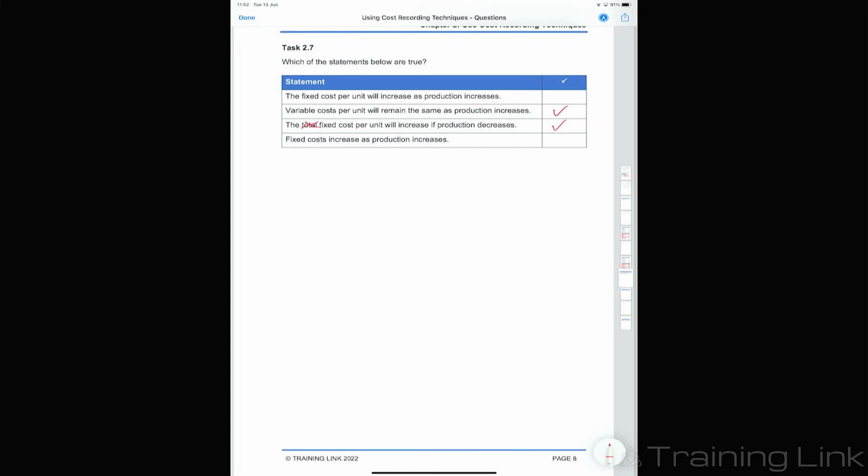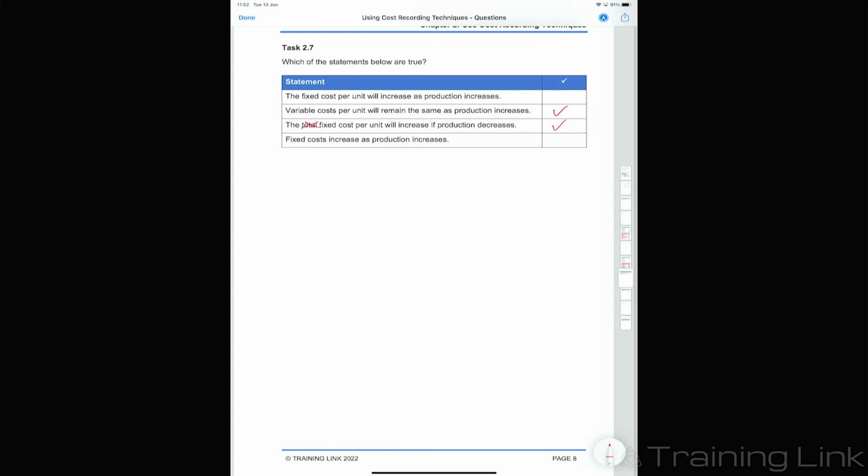Okay, so if £100 was the fixed cost spread over 10 units, if production decreased and there was only 1 unit produced, all of that fixed cost would get allocated to 1 unit. So the cost per unit would increase as that production decreases. And again, it's just looking at those key points within there to note whether you're dealing with a total cost or a per unit cost.